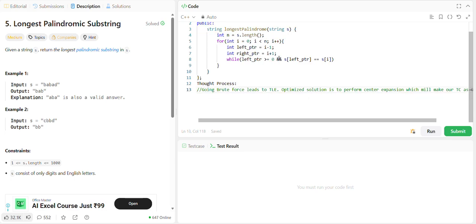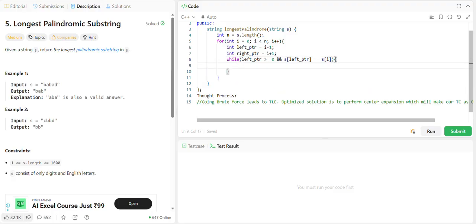So if s of left ptr is equal to s of i, we will have to do left ptr minus equal to 1.